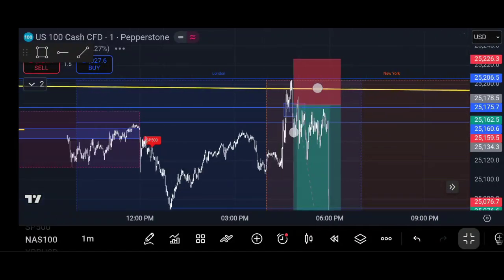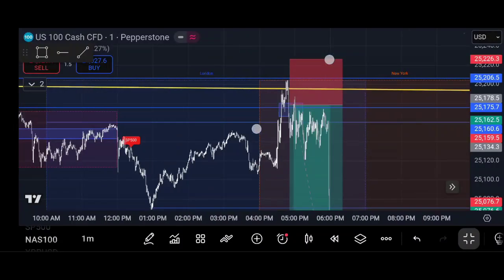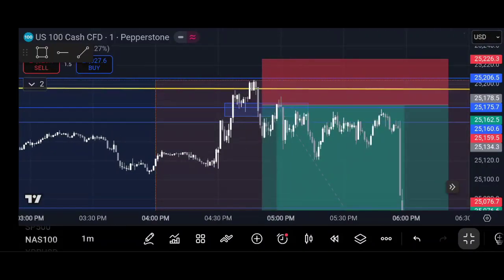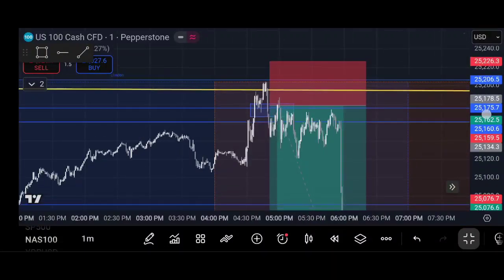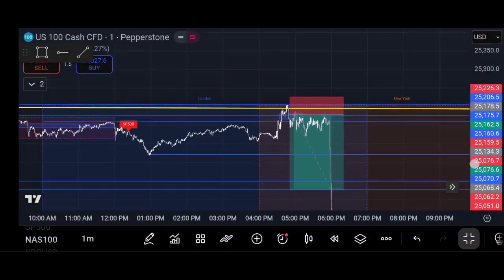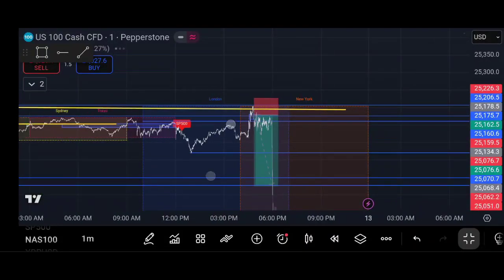There is no other draw on liquidity except one, but we can assume that it cannot be hit, since the price came this close and the sellers were pushing it down. For our safety, we just keep the SL a little above the draws on liquidity, and we target the downside draws on liquidity, which are this one and this one.